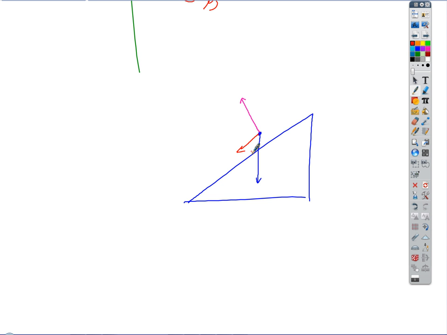There is going to be a component of the friction that acts towards the center of the circle, right? There's going to be a component of the normal force that acts towards the center of the circle, right? Gravity just acts straight down, right? But you see what I'm saying here?